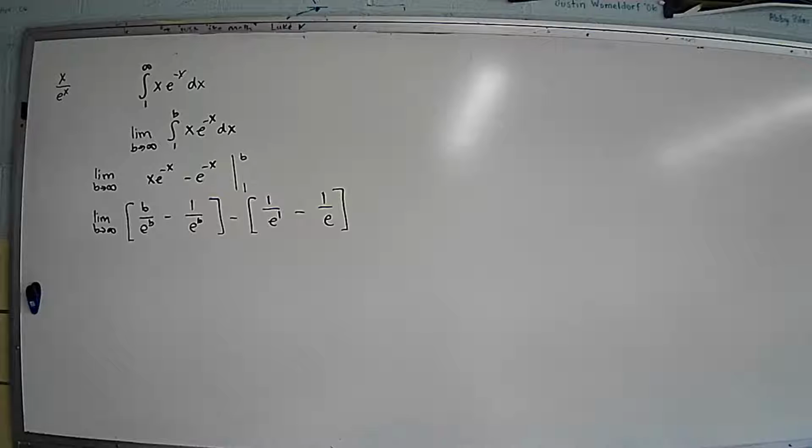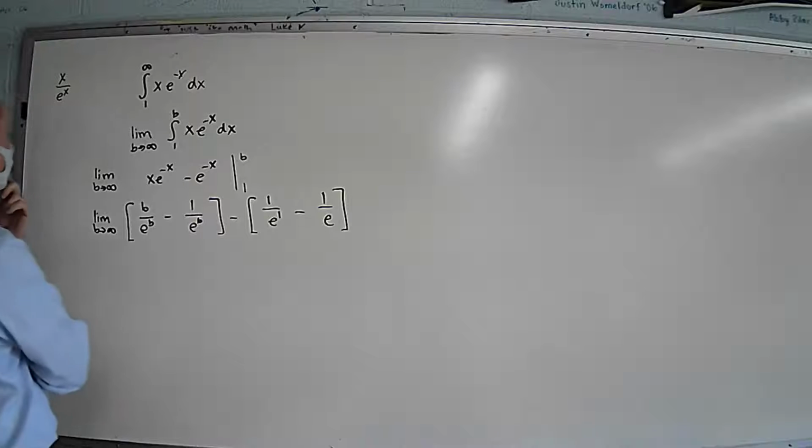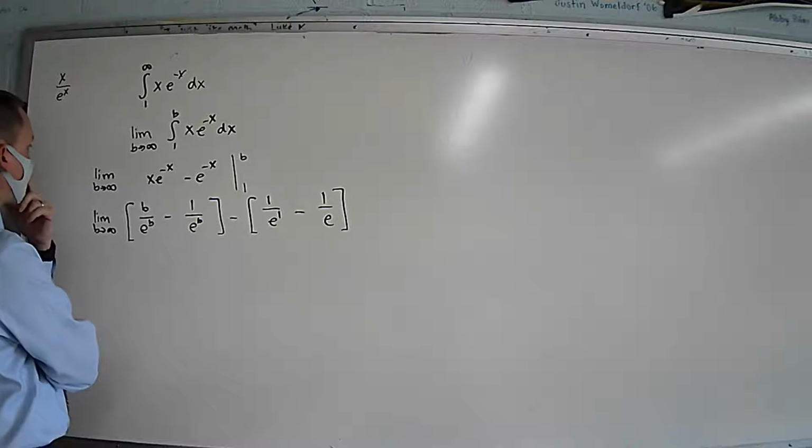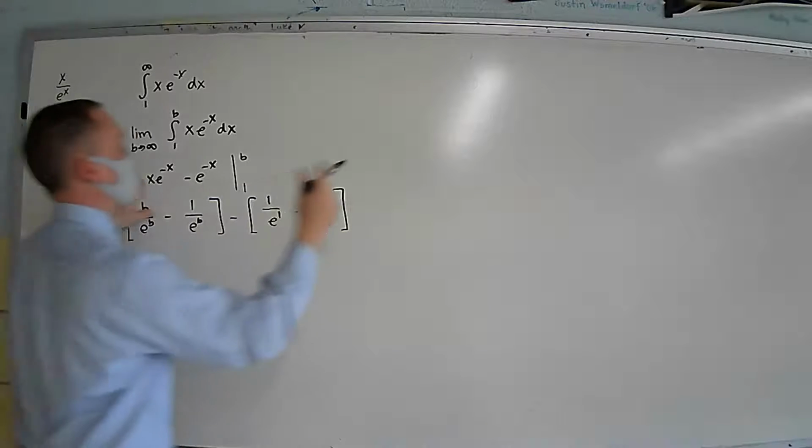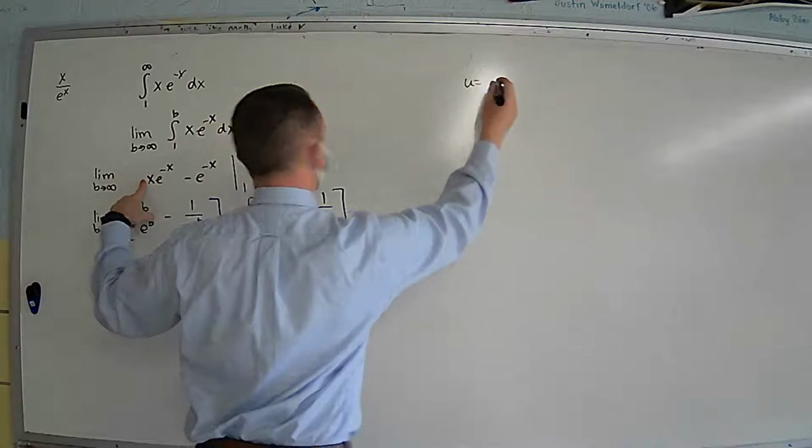I feel like I'm missing a negative somewhere. Is there a negative on the outside of this? It's negative b over e to the b right here? Let's go back and look at the antiderivative. Let's compute that real fast.